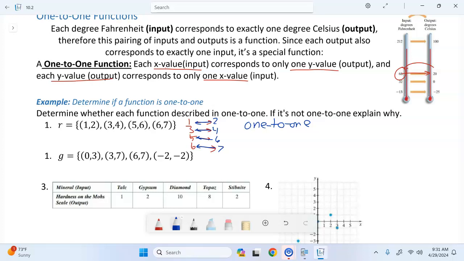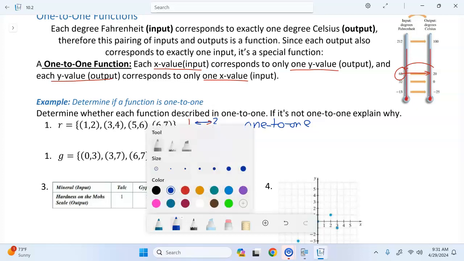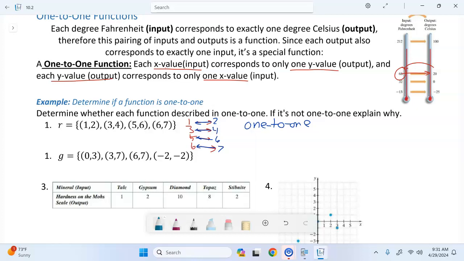When we look at our g, our next function, we can look at the ordered pairs. And we can say, okay, I've got x values of 0, 3, 6, and negative 2. I have y values of 3, 7, and negative 2. And I can draw the relationship. 0 points to 3, 3 to 7, 6 to 7, negative 2 to negative 2.